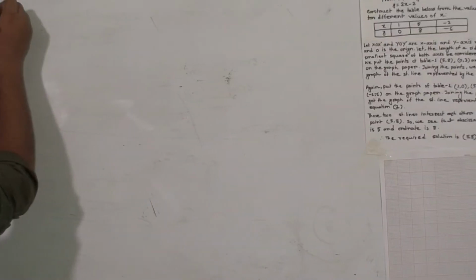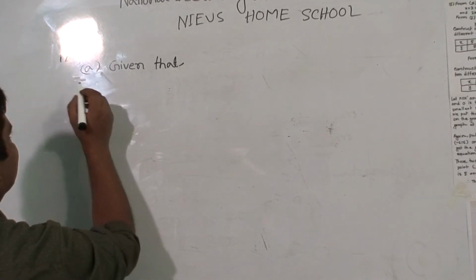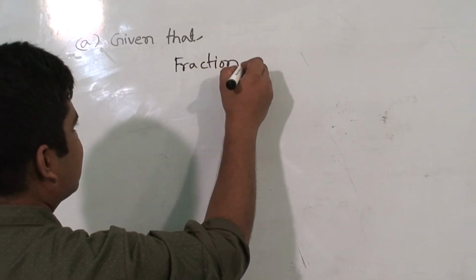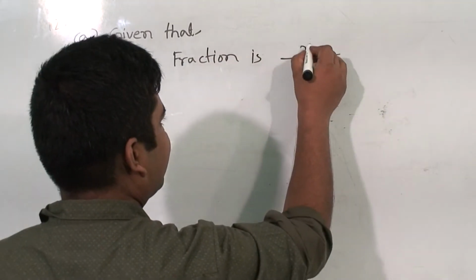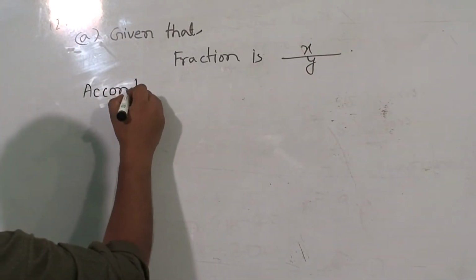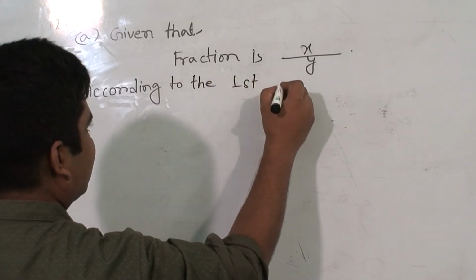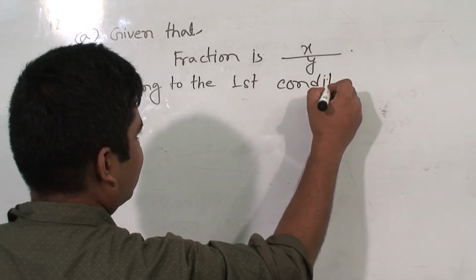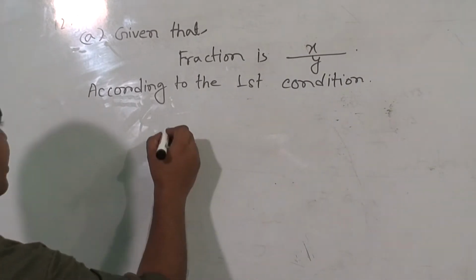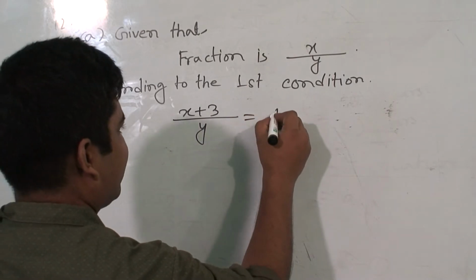Given that the fraction is x by y. According to the first condition, if 3 is added with the numerator of the fraction, that means x plus 3, y is unchanged, it will be 1.